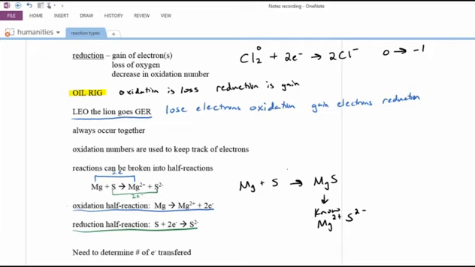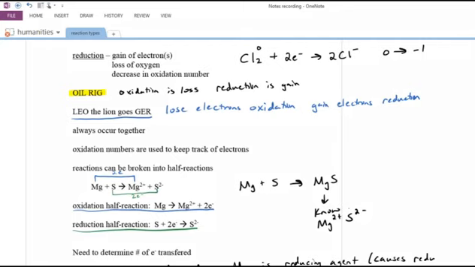Now, if you look at this, magnesium is oxidized. Because of that, magnesium is the reducing agent.